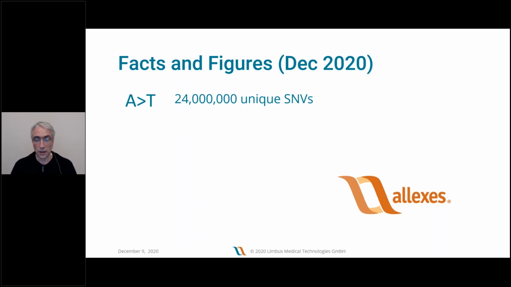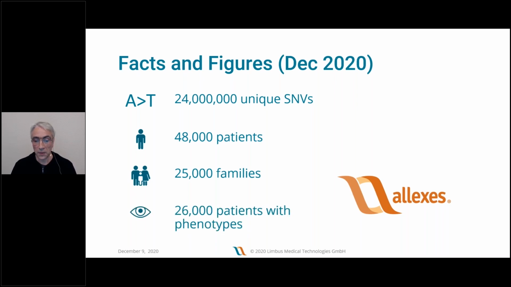At the moment, there are more than 24 million unique variants reported in this database. The data stems from more than 48,000 patients distributed across 25,000 families, and more than half of those patients have been described with standardized phenotype descriptions, which is a significant fraction and which helps you to judge and to interpret the data in more detail.